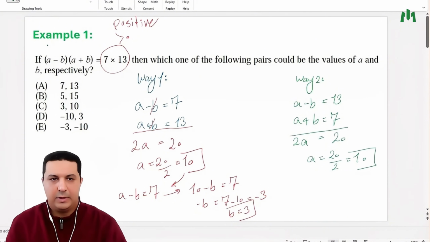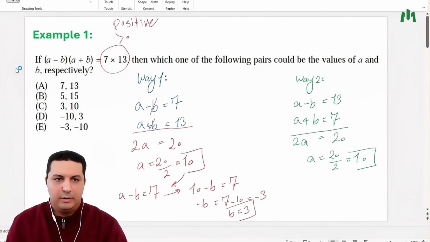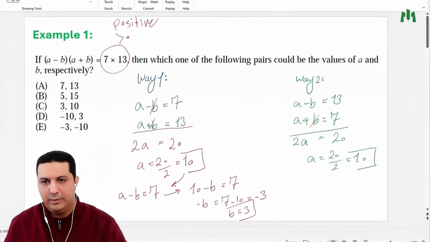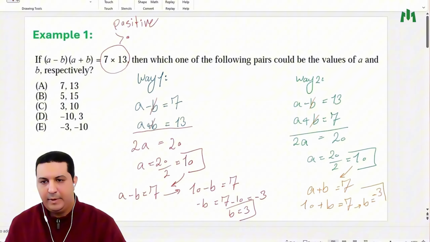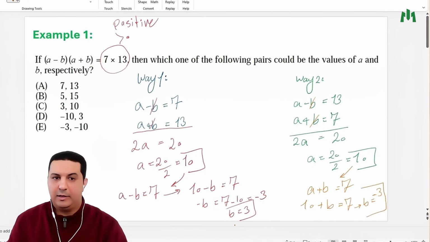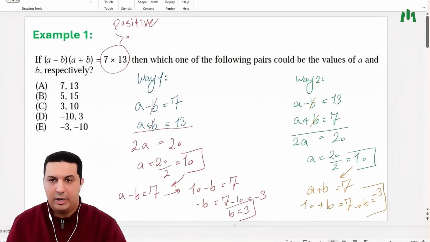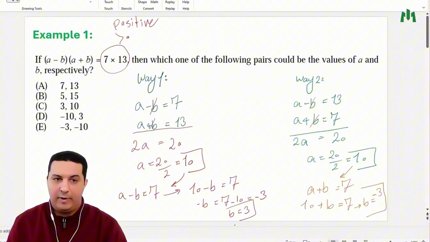Then, for example, a plus b is equal to 7. If you put a there, 10 plus b is equal to 7, and b can be minus 3. Again, it can be D, but again, we are not sure. Let's go and try way 3.